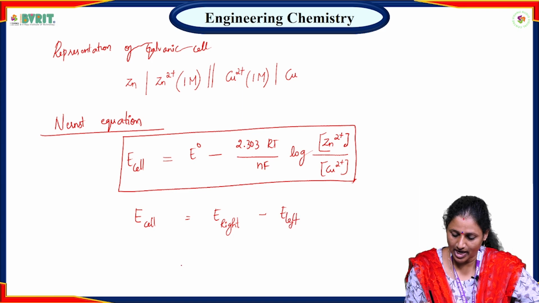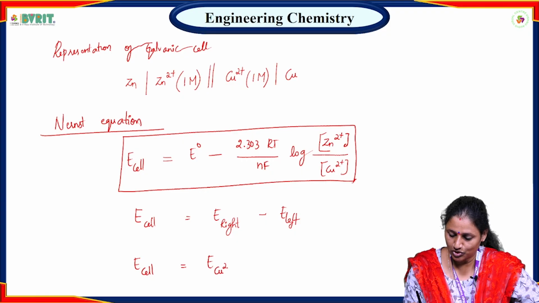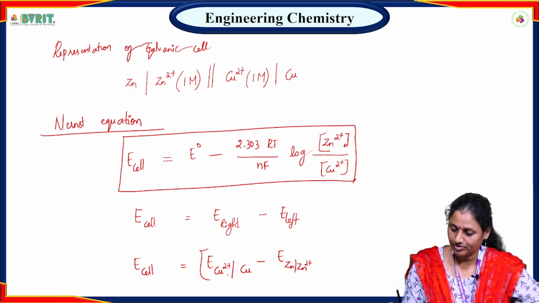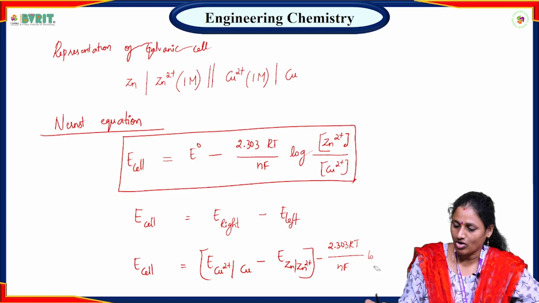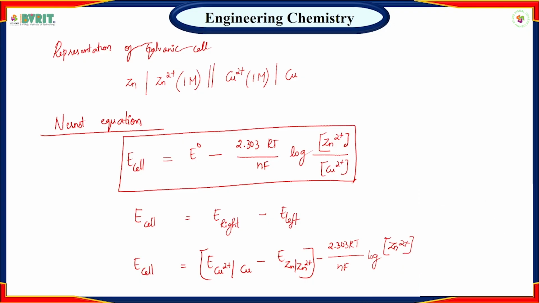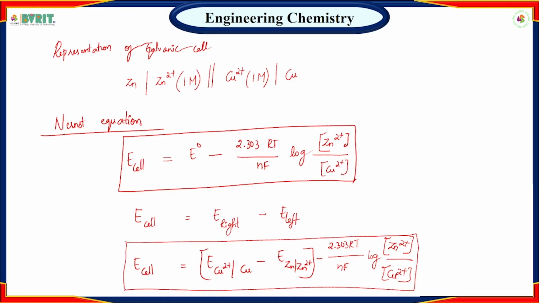So E cell equals E of Cu2+ | Cu minus E of Zn2+ | Zn, minus 2.303 RT by nF log of Zn2+ by Cu2+. So this is the complete Nernst equation for the above zinc copper couple.